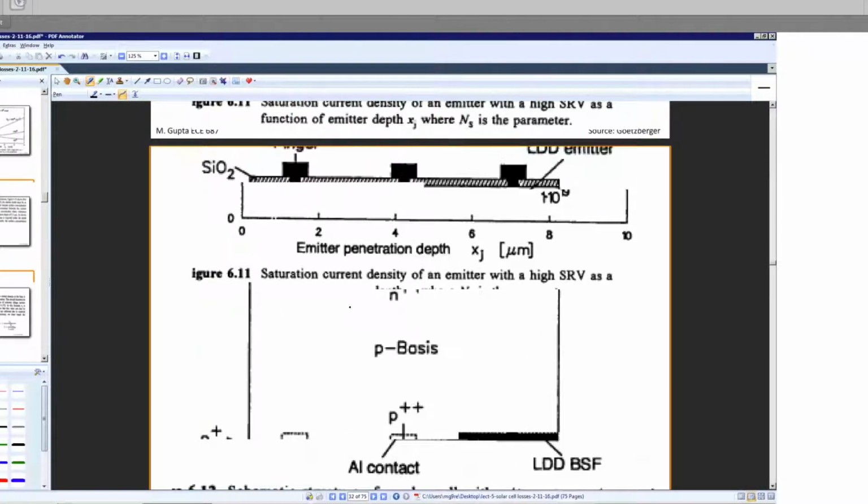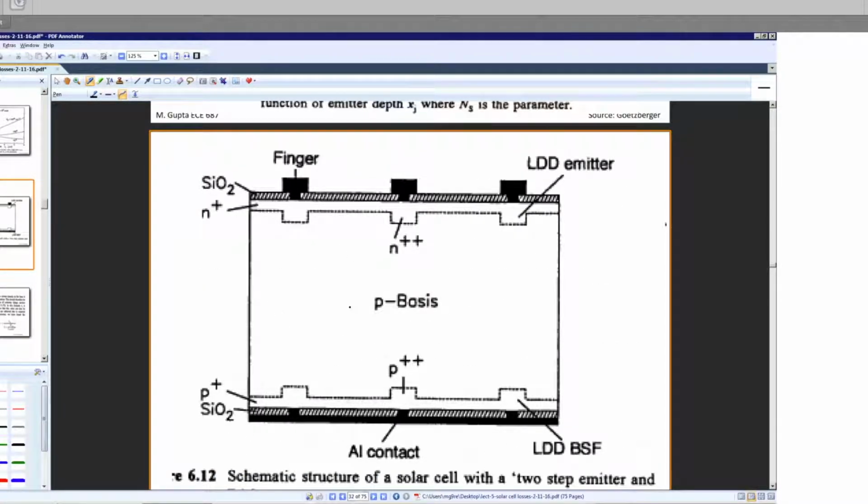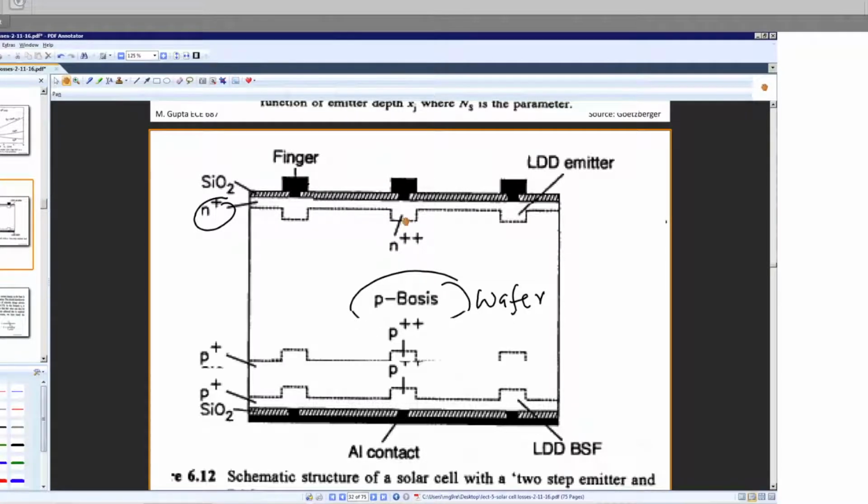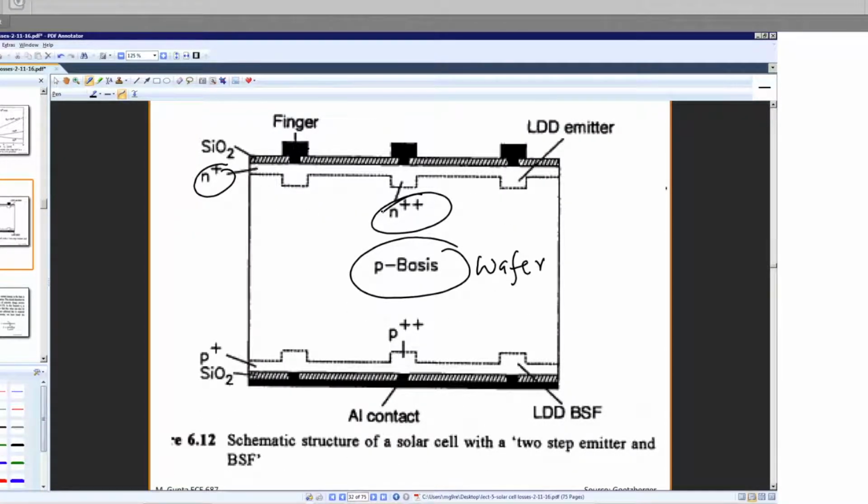Okay, so this is what we talked about. In reality, the solar cell, you start, let's say, with a P-type wafer, and then you make your N junction, but where the metal goes, under the metal you want higher concentration, and then you notice there is a SiO2 passivation layer here.